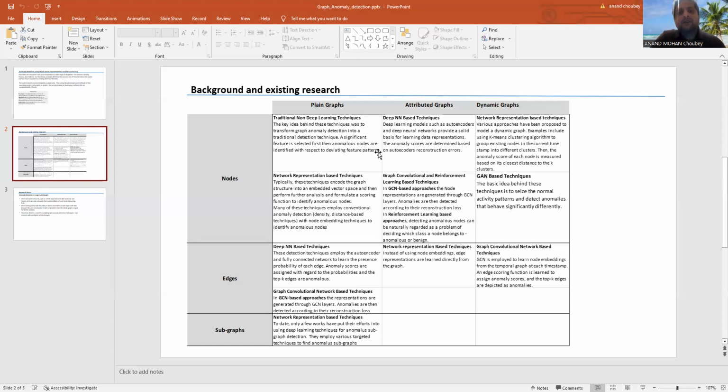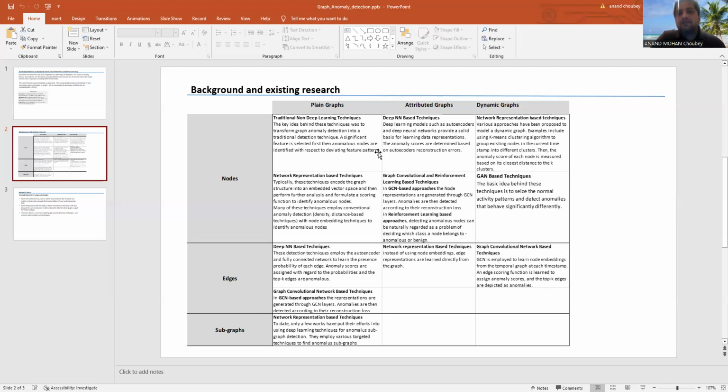For example, if we take anomalous node detection using plain graphs, we can categorize the primary research into two main categories: traditional non-deep learning techniques, and network representation-based techniques. And for node detection using attributed graphs, we have deep neural network-based techniques.